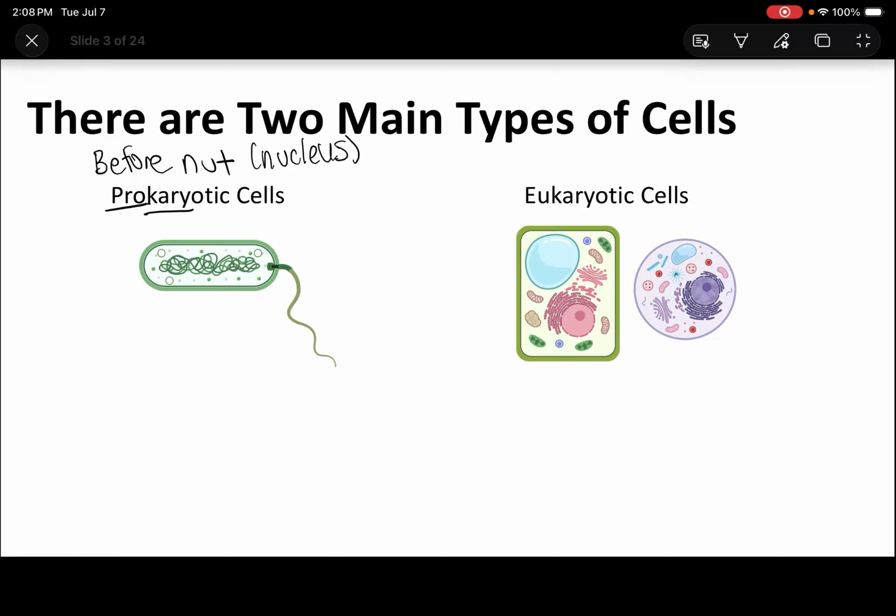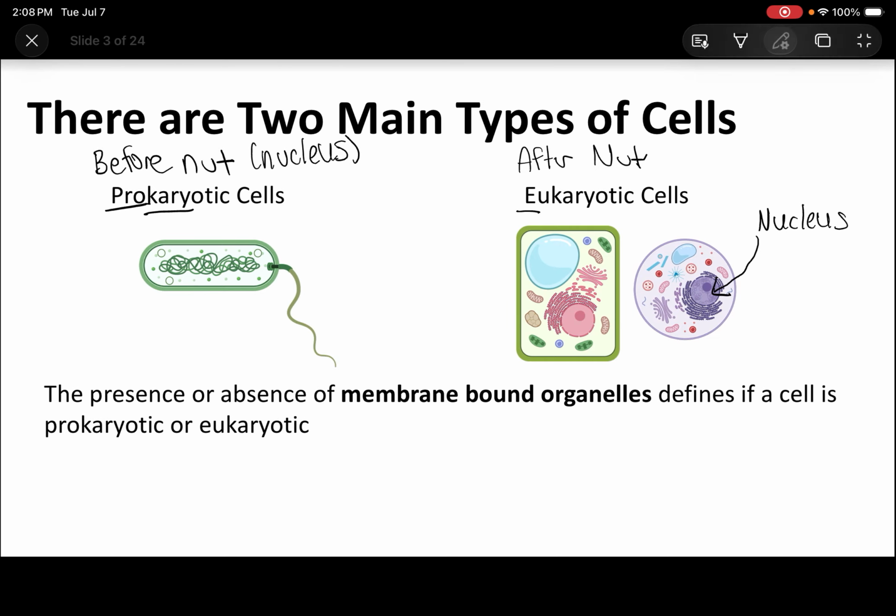There is no nucleus inside of them, whereas eukaryotic cells are after nut. So eukaryotic cells do have a nucleus. And we can actually generalize this presence or absence of a nucleus to the idea that prokaryotic cells do not have any membrane-bound organelles.